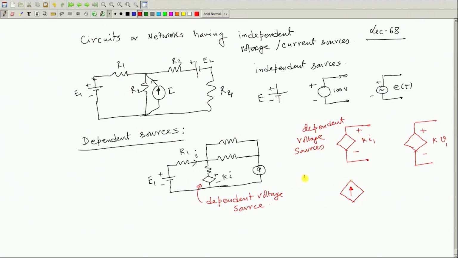Similarly, dependent current sources will be represented like this. The magnitude of this current may depend upon some current in another branch. In that case, K will be dimensionless.